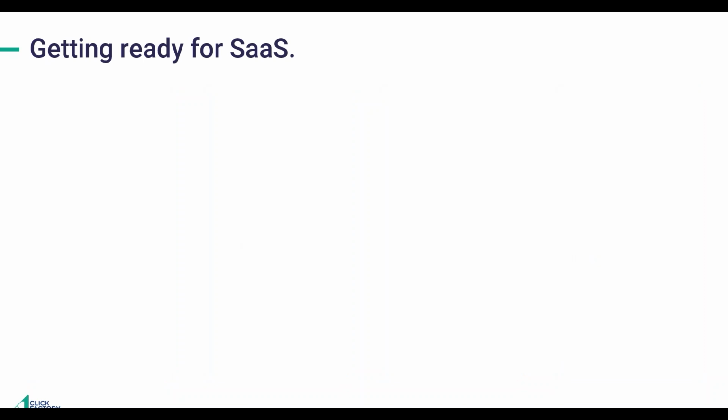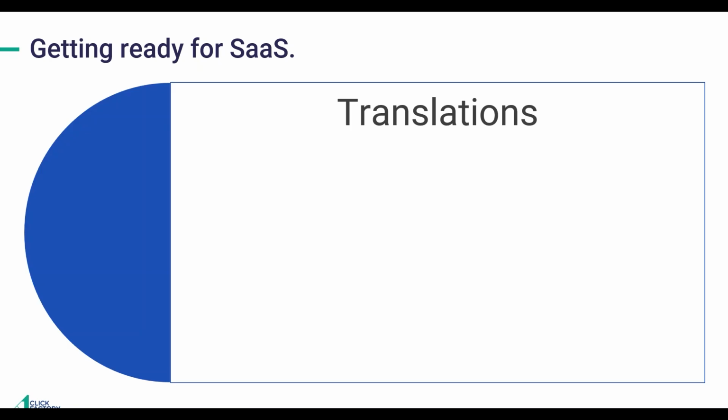A separate topic is, especially if you're planning to go to the cloud version, what you should look into when getting ready. So probably one of the most important topics is translations. Make sure that all your controls or your objects, all your fields have English United States translation.